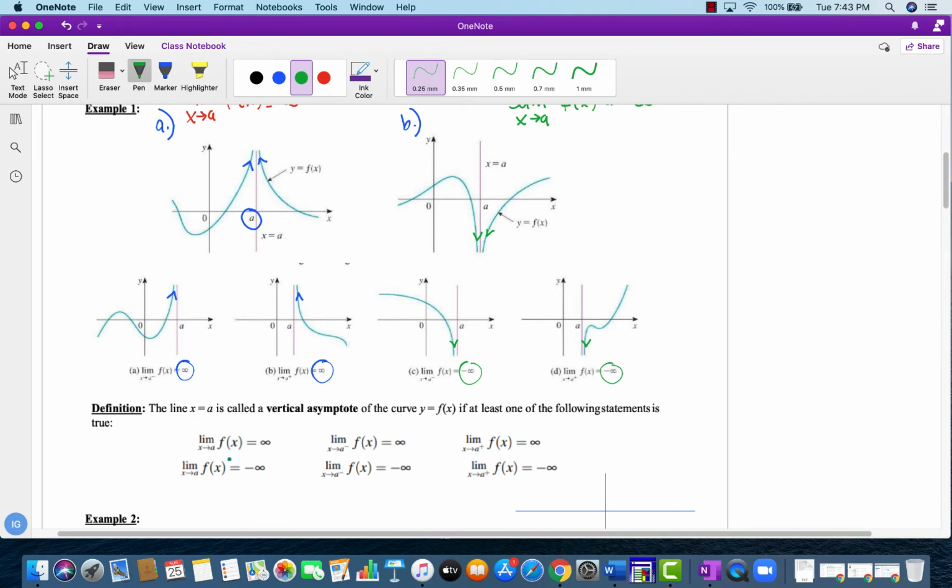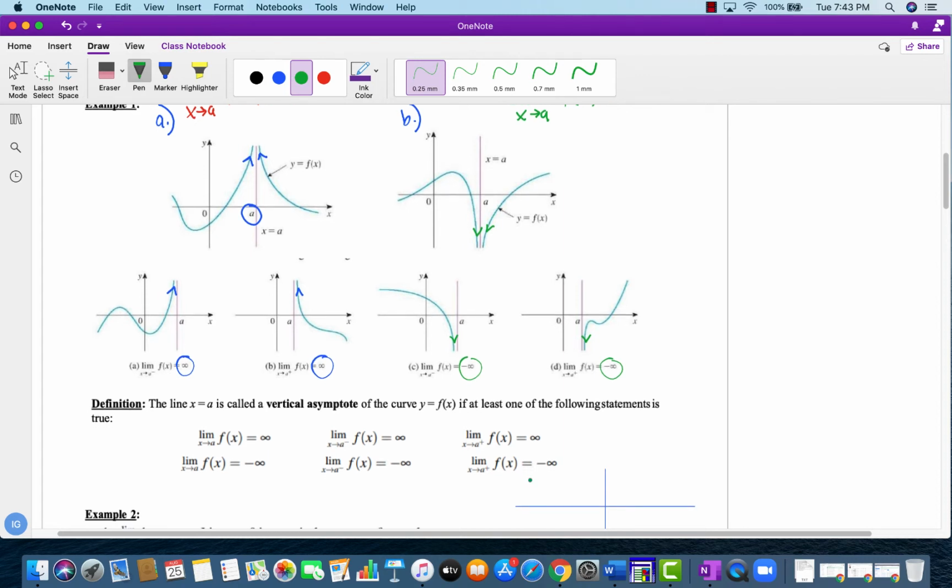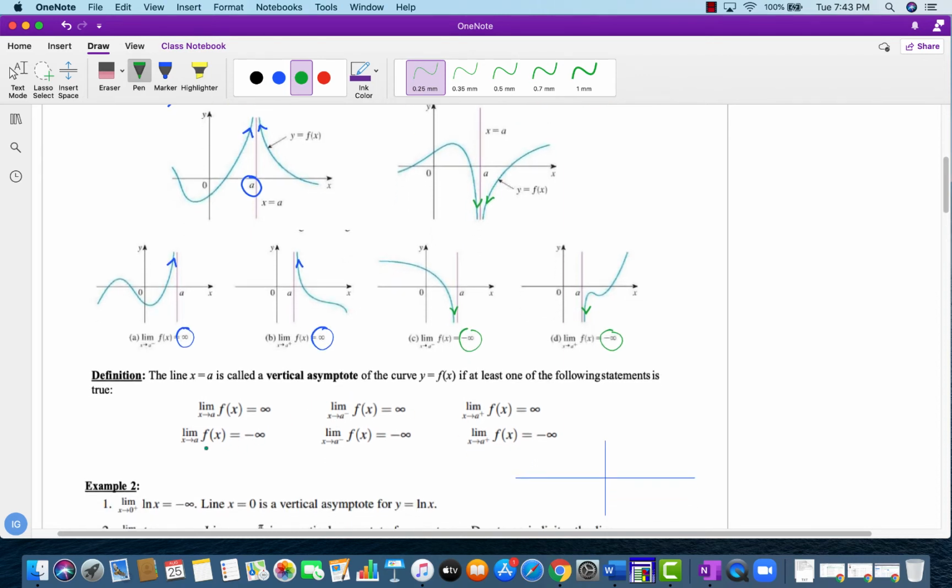So if the limit is equal to infinity, from the left or from the right, or the limit goes to negative infinity, from the left or from the right, that tells you right away that a will be a vertical asymptote.